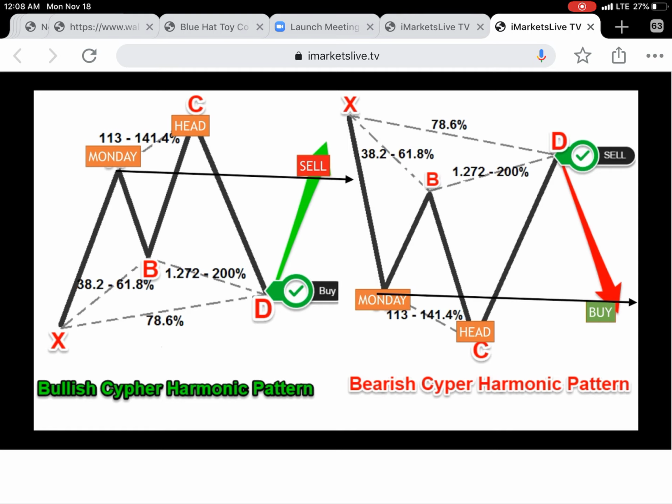Now, starting at the top of the bearish harmonic pattern, we have the letter X. The market drops down, creating Monday's low, and B will be Monday's high. Where C is, it drops below the low of Monday, but once the market comes all the way back in, creating D, that's it.